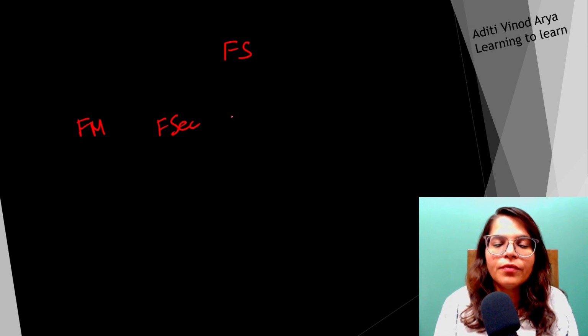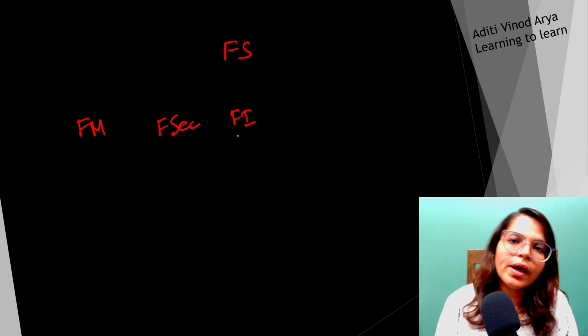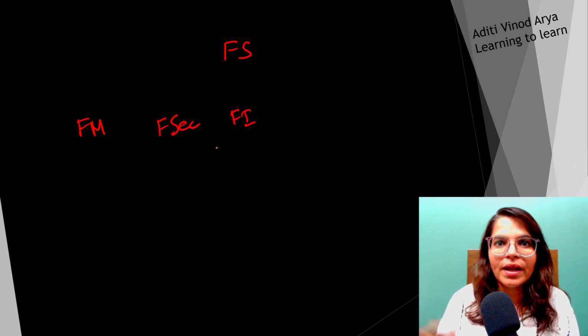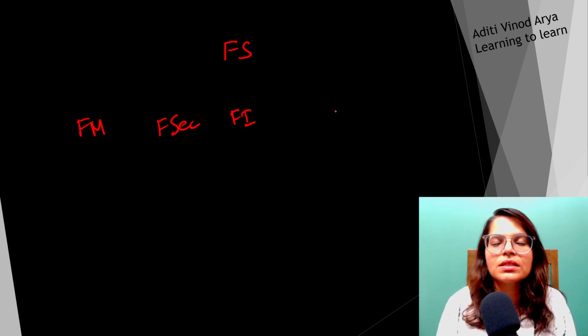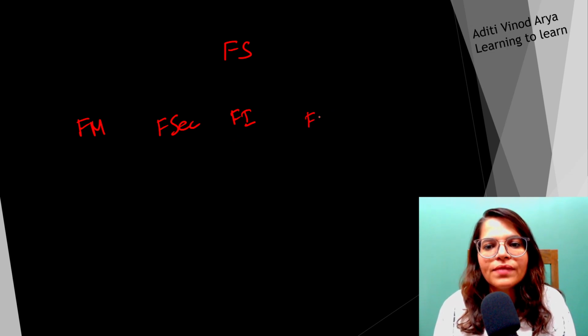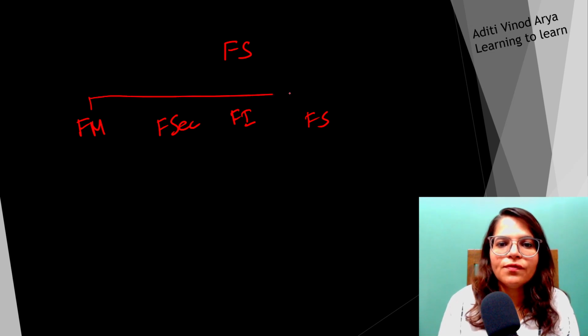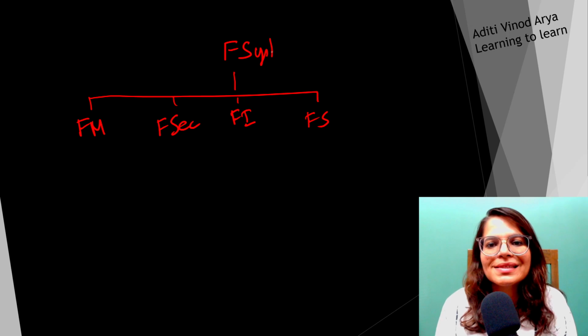Then we have financial institutions who help to sell the financial services or financial securities in the financial market. And then we have financial services. These four combined together make the financial system.